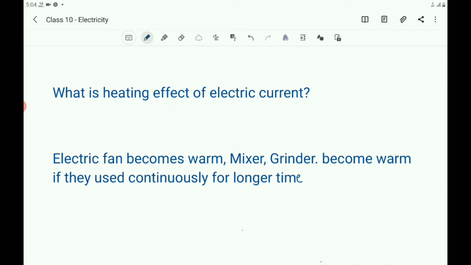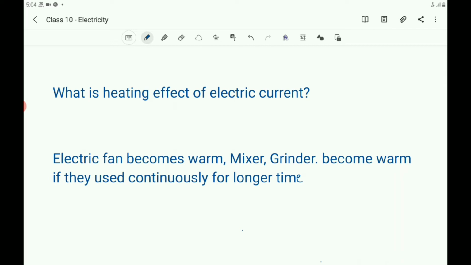Electric fan becomes warm. Mixer grinder becomes warm if they are used continuously for longer time. Here you are using the electric current to run the fan, the mixer and the grinder. The electrical energy is converted into mechanical energy.